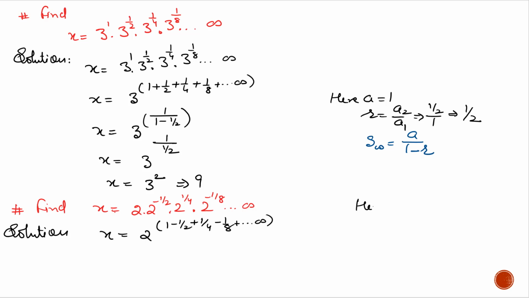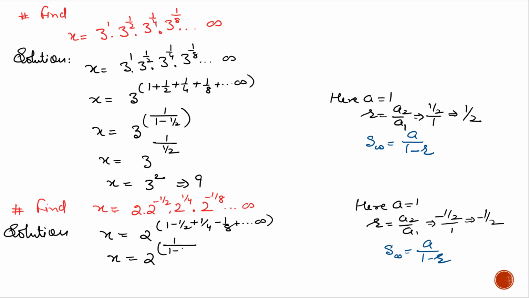Here A equals 1 and the ratio is second term upon first term, equal to minus 1 by 2. We know the formula of the sum of an infinite series is A divided by 1 minus R. Here A is 1 and R is minus 1 by 2. So after putting the values of A and R, we'll get 2 raised to the power 1 divided by 1 minus minus 1 by 2, which equals 2 raised to the power 2 by 3.